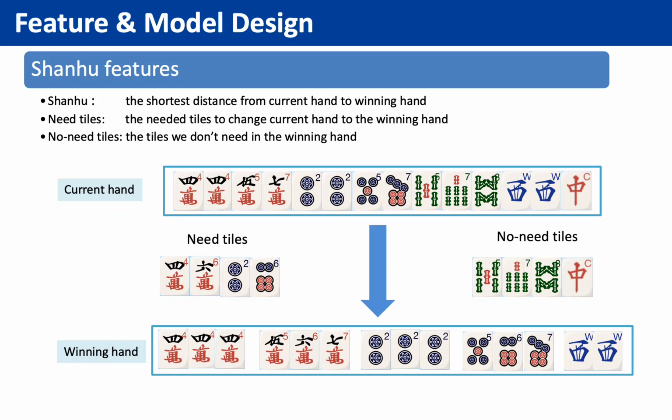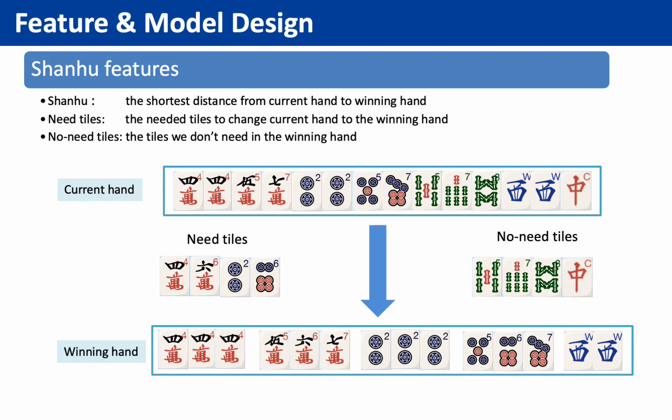In addition to the image-like features, we also use some vector features. Here I will introduce the high-level feature, the 上弧 feature. 上弧 means the shortest distance from our current hand to one winning hand. In Mahjong, there are many winning hands, and we can transform our current hand into one winning hand by discarding some tiles we don't need and getting some tiles we need.